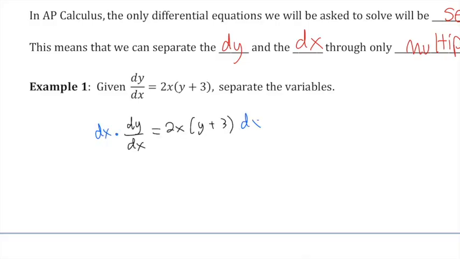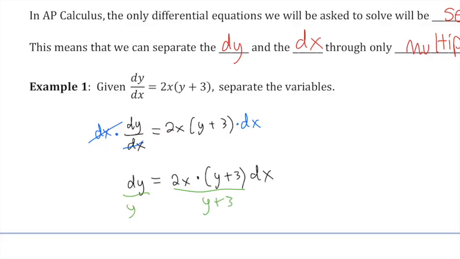So we multiply dx to each side. Those dx's cancel. And then notice over here how we have x and y on the right side with dx. So we actually want to move this y plus 3 over. And you do that by dividing by y plus 3 on each side.